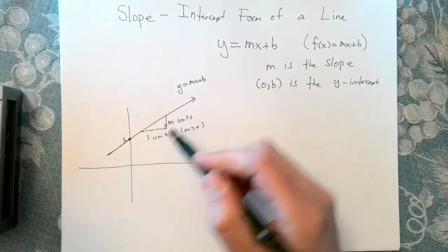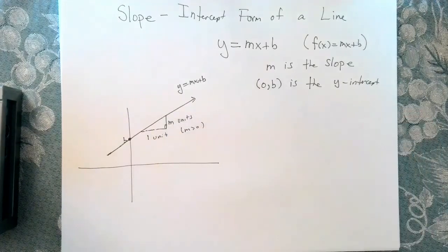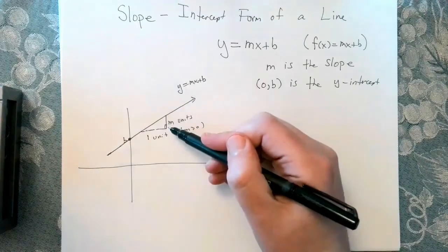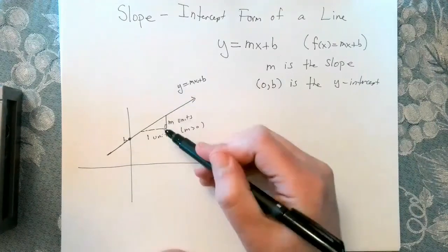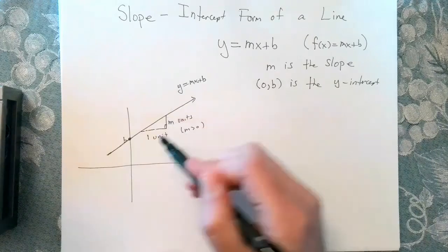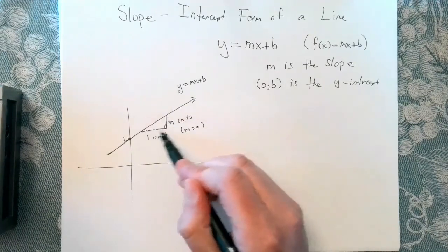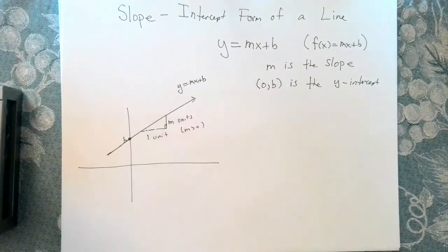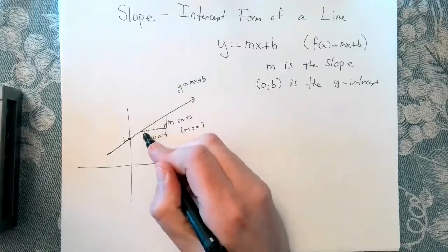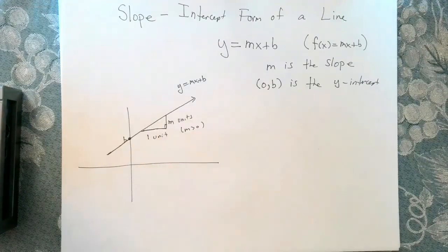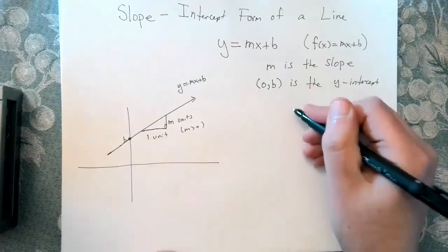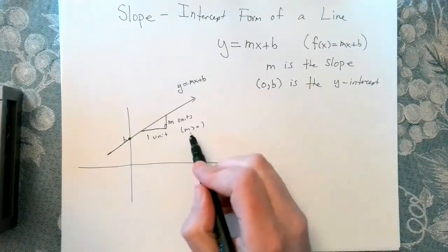Okay, and you can see that, sometimes you've heard in previous classes that slope is equal to the rise divided by the run. Well, the rise here is m units divided by the run of 1 unit, and so the slope is m. That's one way to think about slope. Okay, and this is specifically when m is positive.